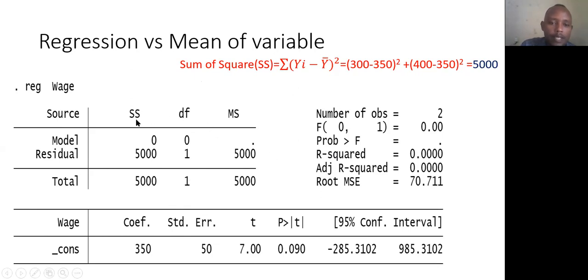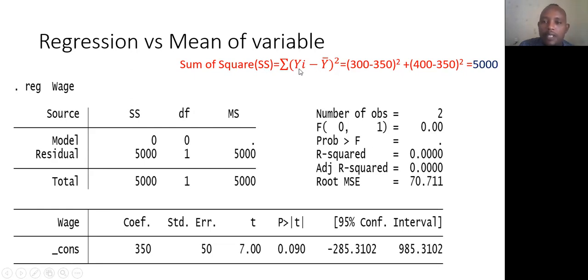Here we have certain terms: sum of squares, degrees of freedom, mean of sum of squares, and tests. Let us look at their values. What does sum of squares mean? Look at here. It is 5,000, and that consists of two parts: variation from the model and variation from the residual.